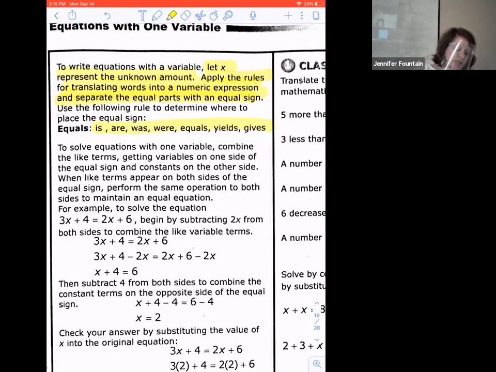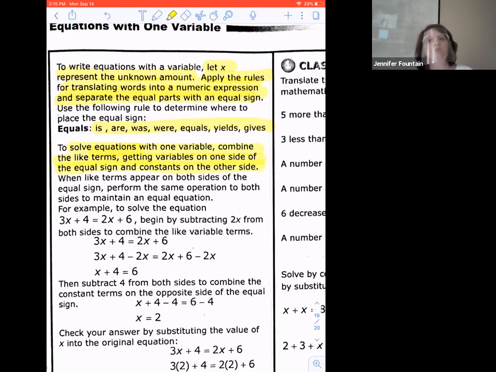Now, we are actually going to solve equations with one variable. So to solve equations with one variable, combine the like terms, getting the variables on one side of the equal sign and the constants on the other side. Y'all remember what constants are? Remember, constants are just numbers by themselves, okay? So variables are letters.